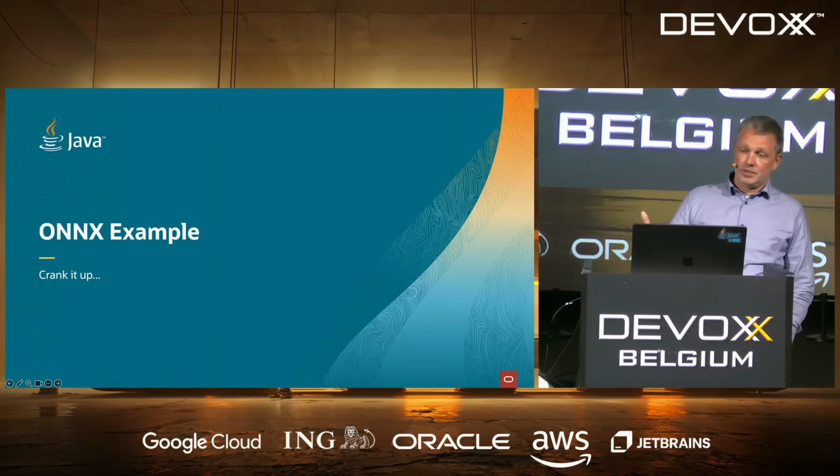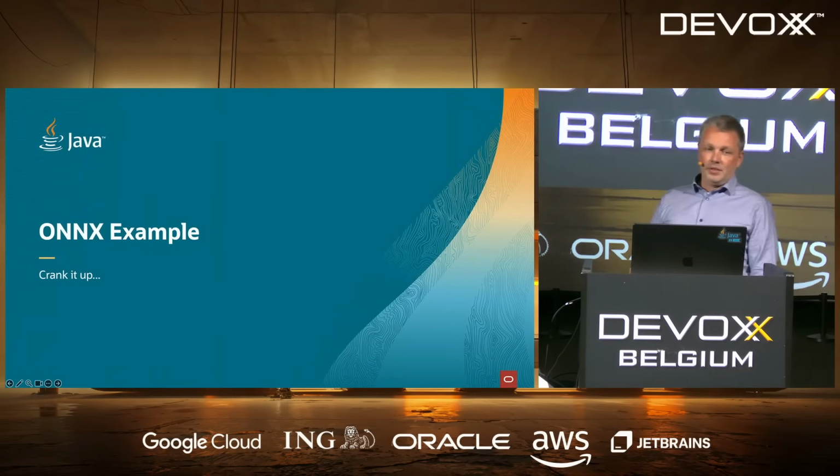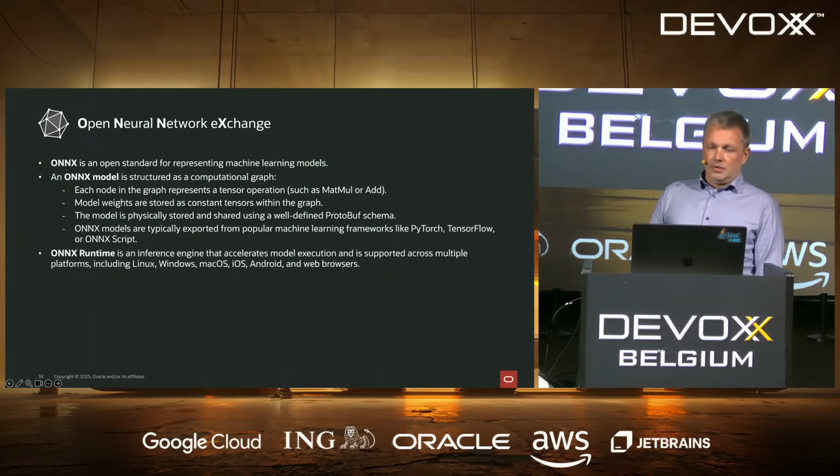Now let's proceed with something more beefy. We will include the ONNX technology in our examples. How many of you don't know what ONNX is at all? Okay, so ONNX stands for Open Neural Network Exchange.